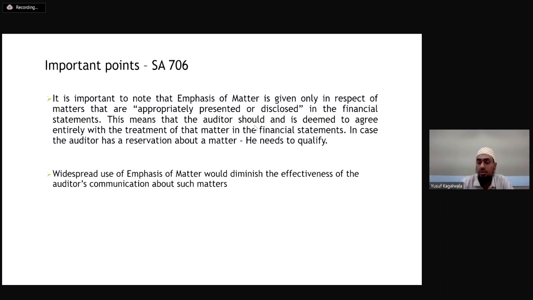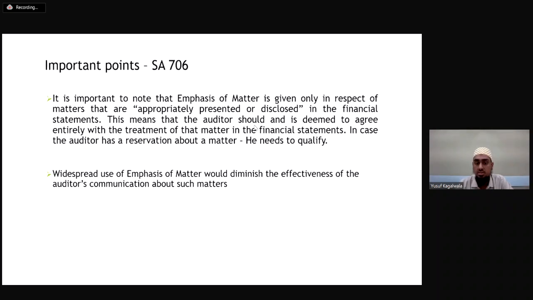Widespread use of emphasis of matters is not recommended, because if you are giving 8 to 10 emphasis of matters in an audit report, the impact or effectiveness of the auditor's communication is diminished. Emphasis of matter is only to highlight something fundamental in the financial statements which the user should take knowledge of.